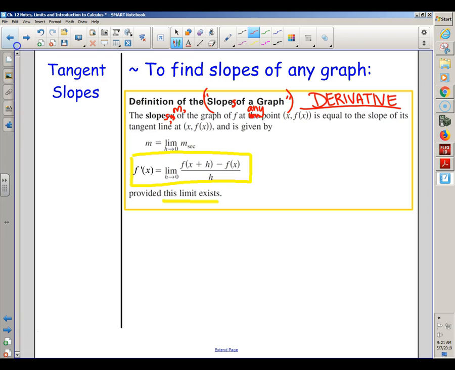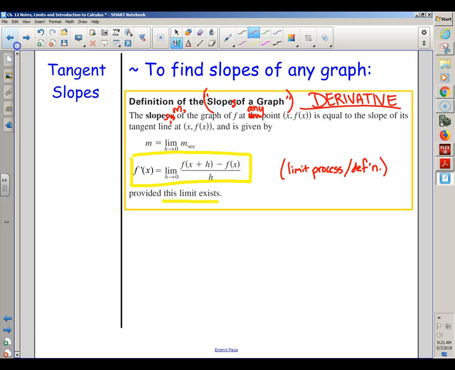This is known as the limit definition of a derivative, or the limit process of finding a derivative. There might be multiple definitions, but this is the limit process or the limit definition of a derivative.